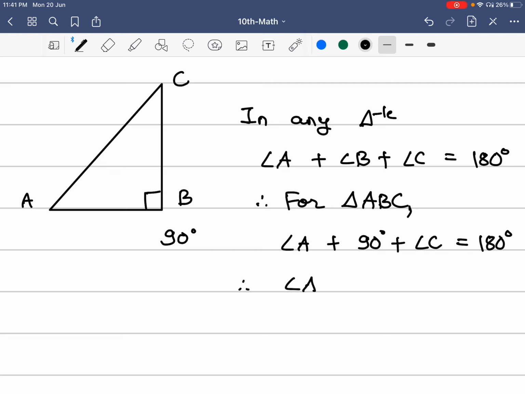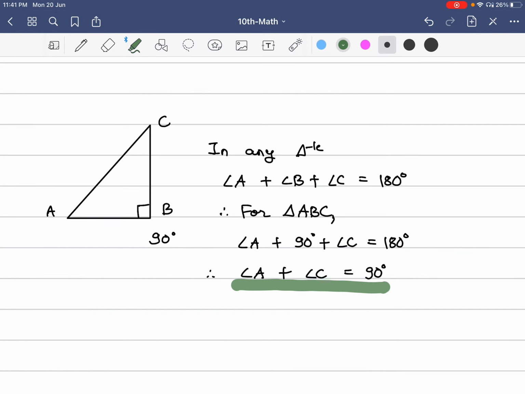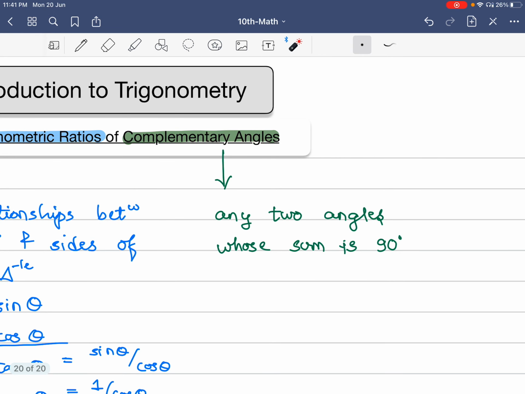Therefore angle A plus angle C is equal to 90 degrees. Thus we have found two angles whose summation is equal to 90 degrees, which means angle A and angle C are complementary angles, by the definition of any two angles whose sum is 90 degrees.